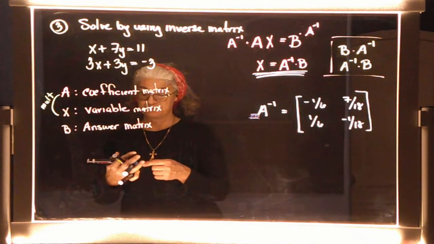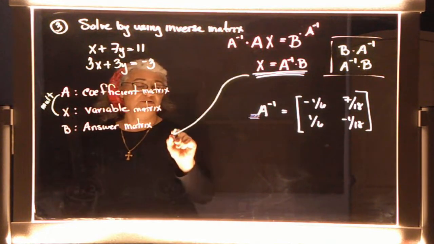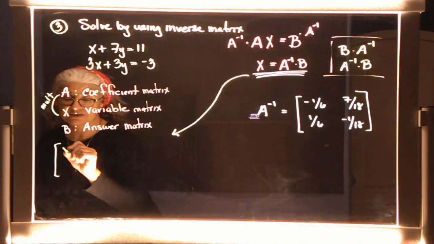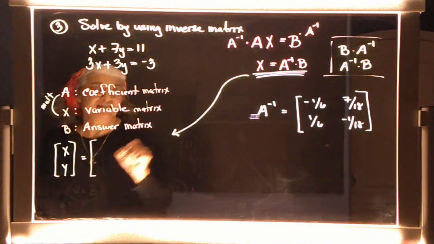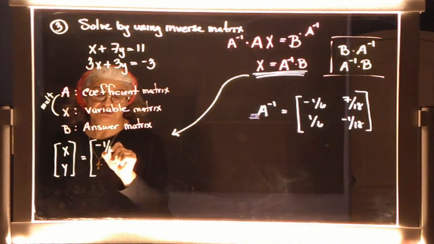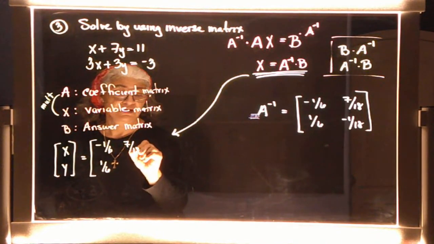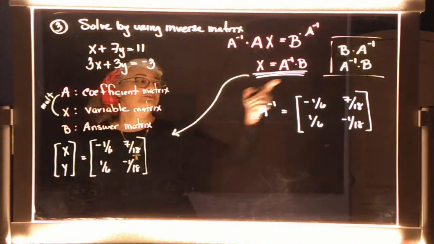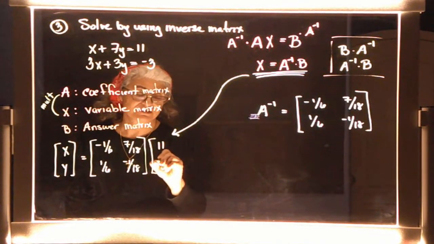So here we go. I am going to do this work over here. I'm going to take matrix X, which was my variable matrix, and that's going to equal the inverse matrix, which I already have found, and I'm hoping that you worked on it and got the same numbers. And I'm going to multiply it by matrix B, which was the answer matrix.